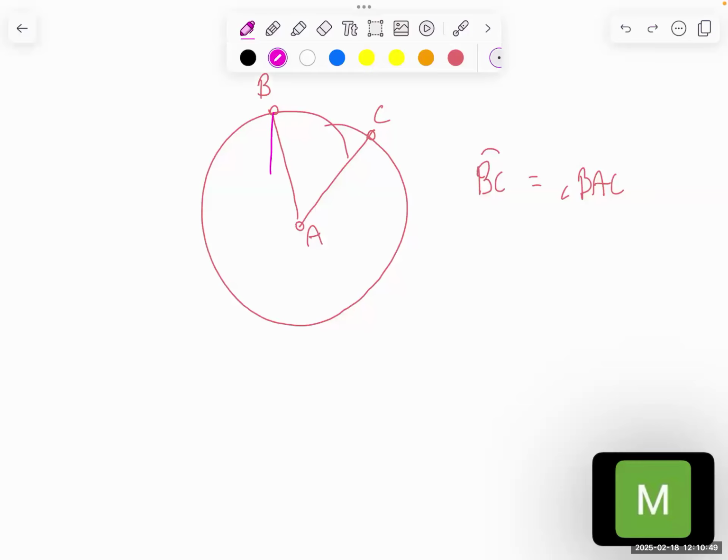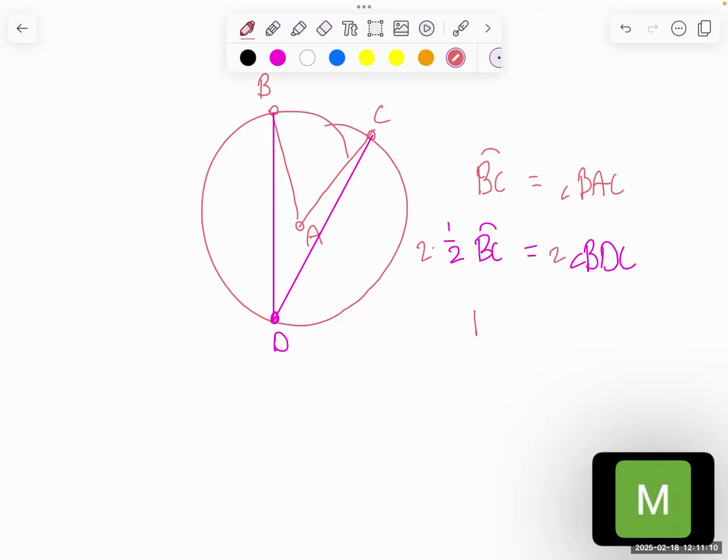Likewise, if I have some inscribed angle here, let's call it D, angle BDC is equal to 1/2 arc BC. Also, you can think of it this way: if I multiply this by 2, then BC is double BDC.